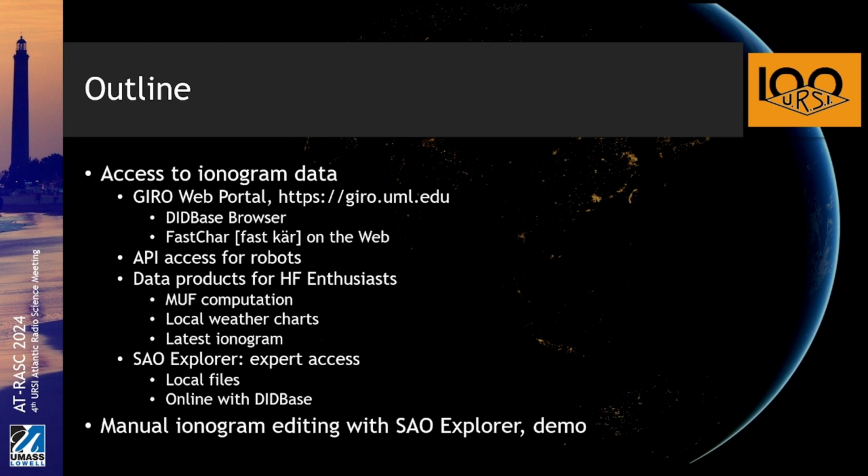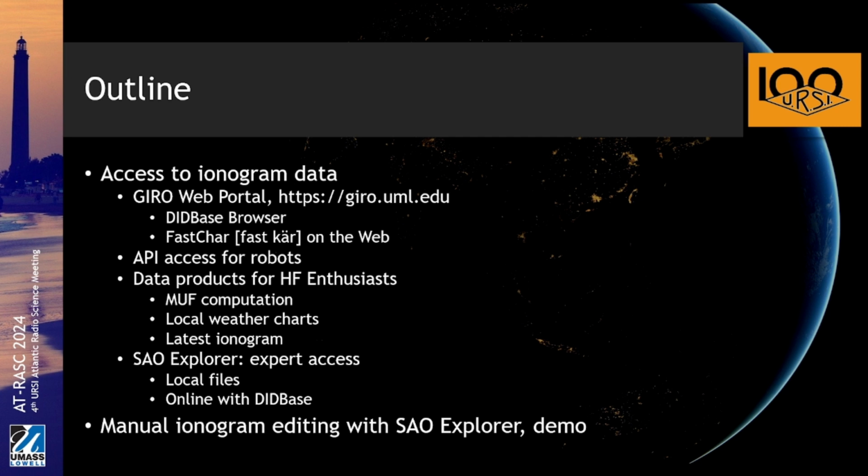There is a Giro web portal at giro.uml.edu. I welcome everyone. There are plenty of resources for the ionogram derived data, ionograms also. There's a TID-based browser, rapid browsing software on the web.